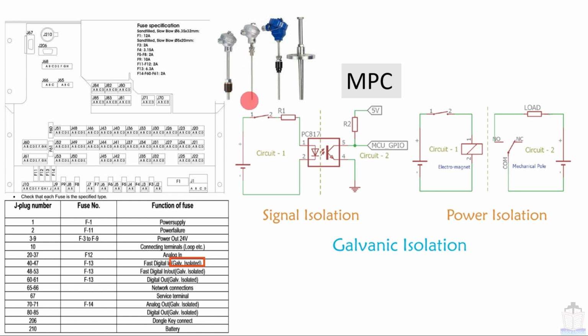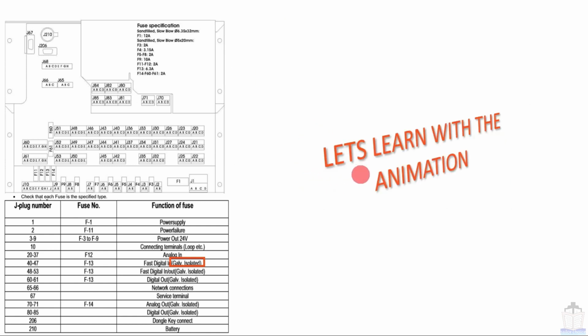This is the temperature sensor, analog input, this is the same, and this is also the same, analog input, and this is a digital input. So these various types of inputs are handled by this basic electronics circuit. This circuit basically does the signal isolation. We are now going to see in detail the function of this circuit with some animations. Let's learn with the animation.